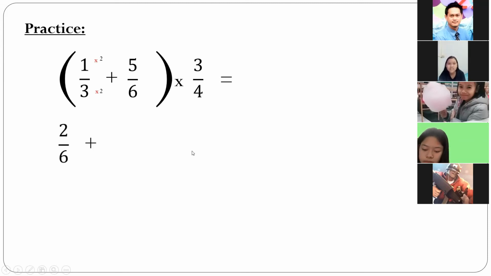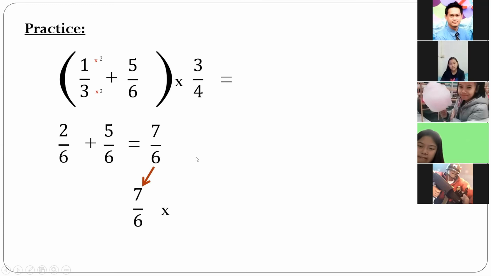So 2 over 6 plus 5 over 6 equals 7 over 6. 7 over 6 times 3/4. We cancel out 3 and 6. We have 1 and 2. So 7 times 1 and 2 times 4 is 7 over 8. Very good.